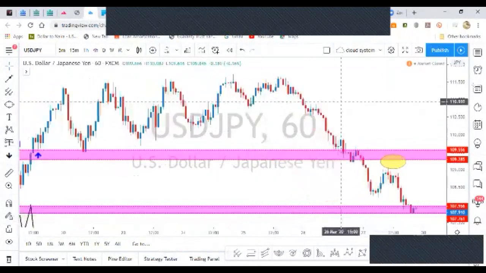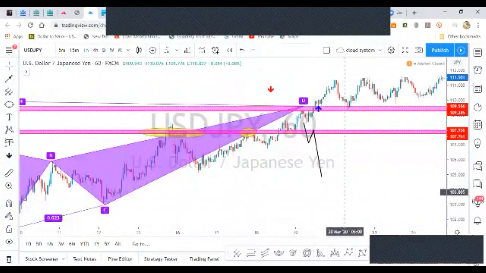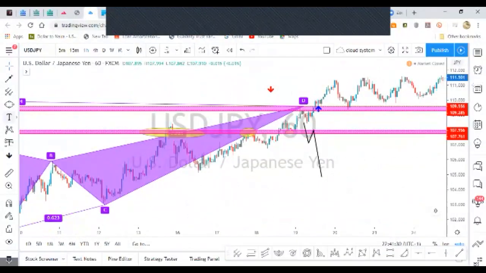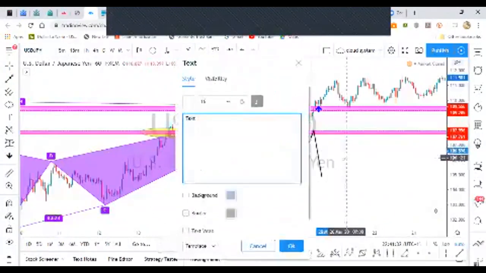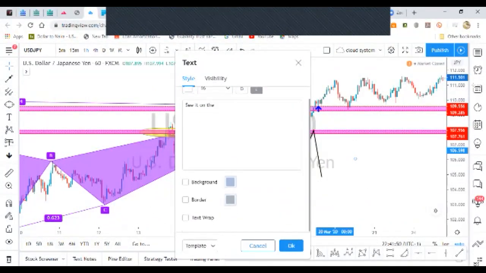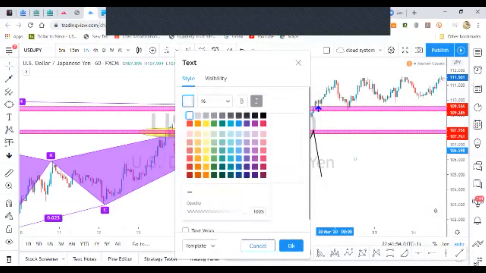So this is price trap. Identify it on the harmonic scanner, the steps in price trap. I can't find color. Okay.